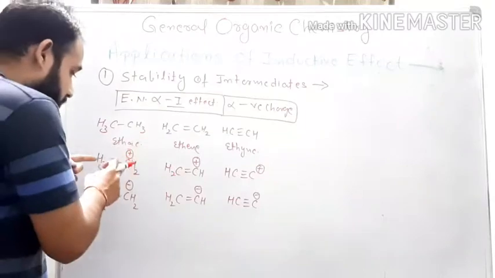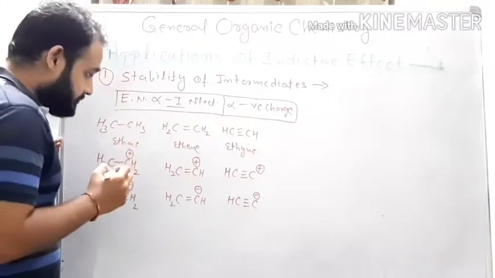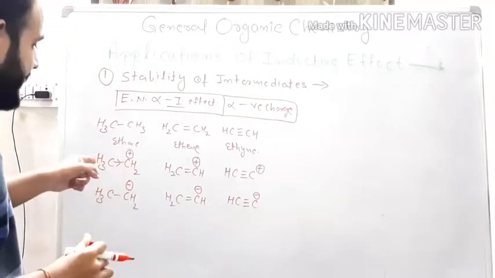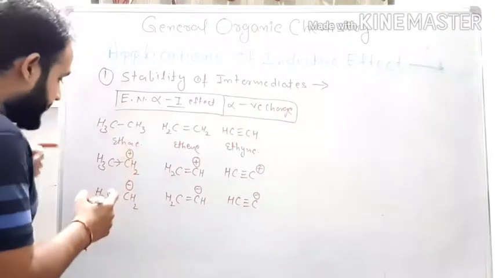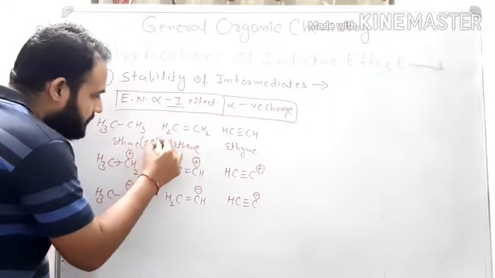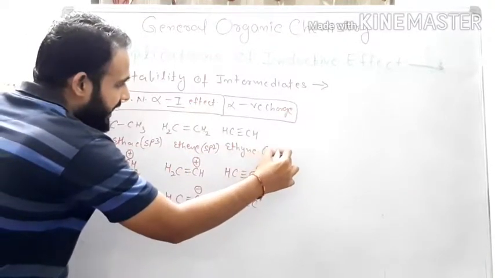So from this, friends, you see that here you have CH3 CH2 plus cation. Okay. Here you can see that the hybridization in ethane is sp3, in ethene it will be sp2, and in ethyne it will be sp.